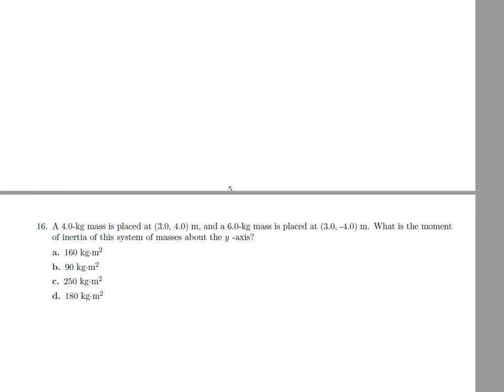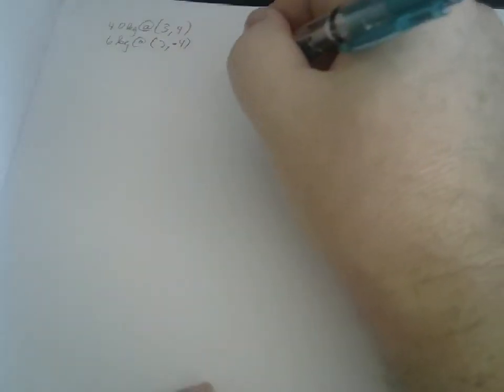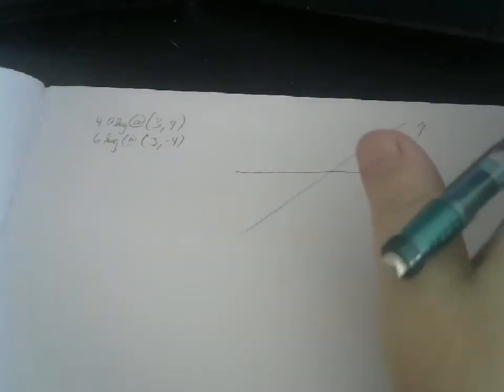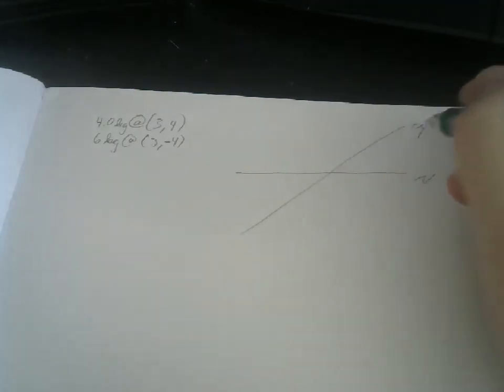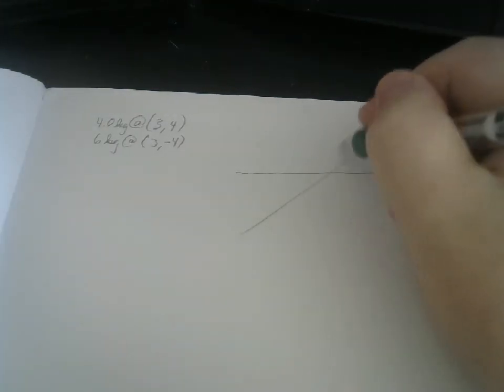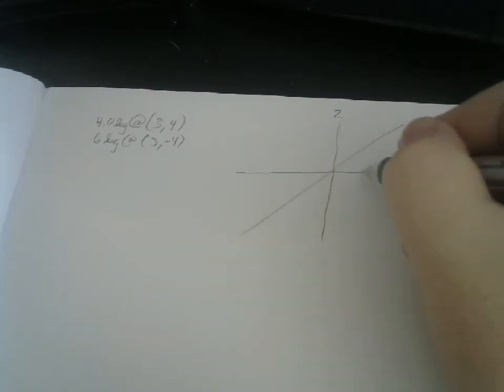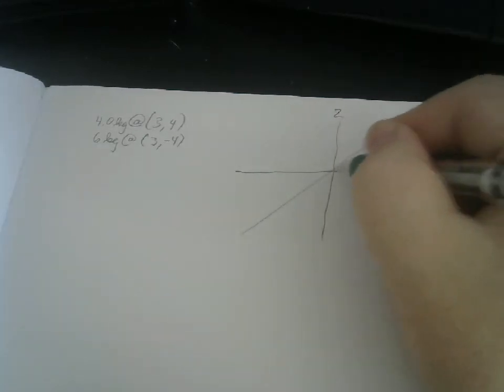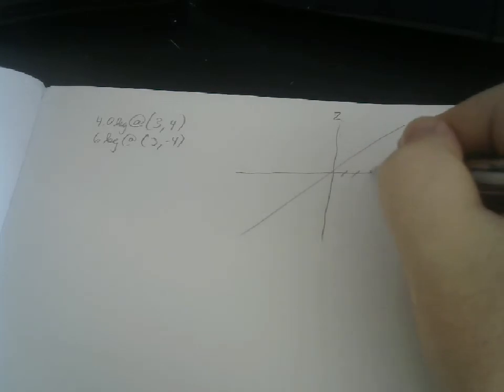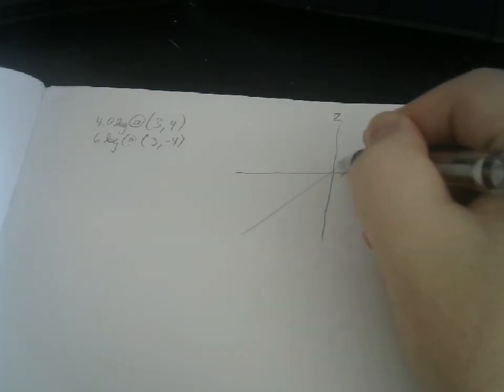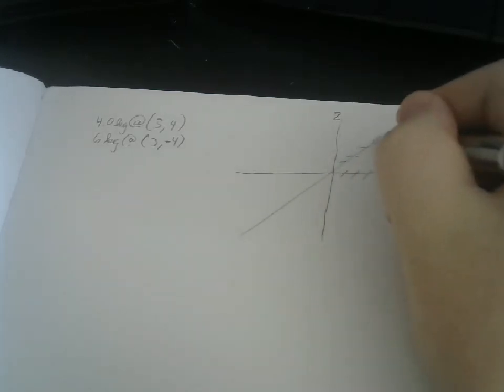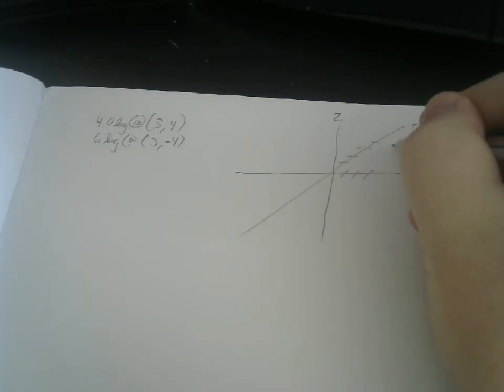So first of all, let's kind of picture this. Here's the x-axis. I'm going to draw the y-axis kind of, so it goes back into the page this way, and then I'll put the z-axis right here. And we're going to put the objects at 3, 4: 1, 2, 3, 1, 2, 3, 4 up here.